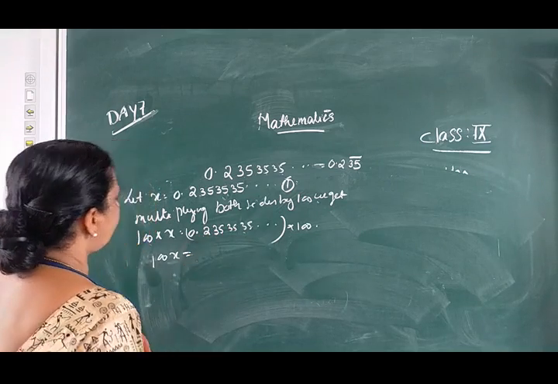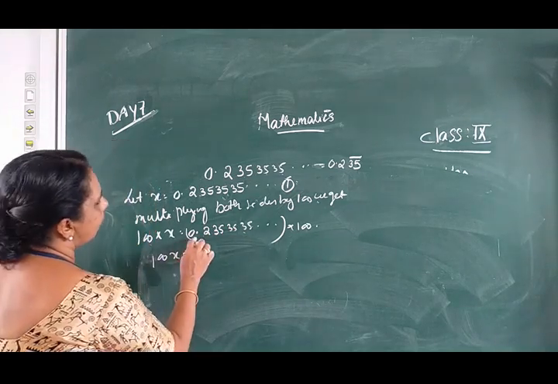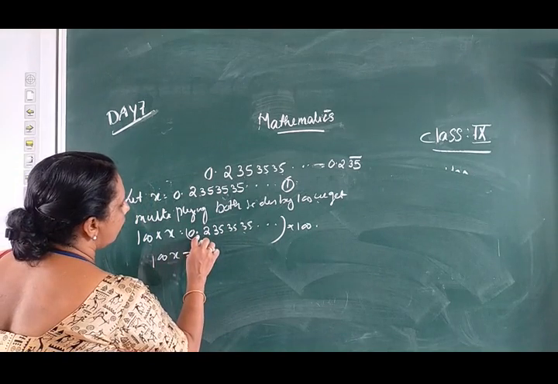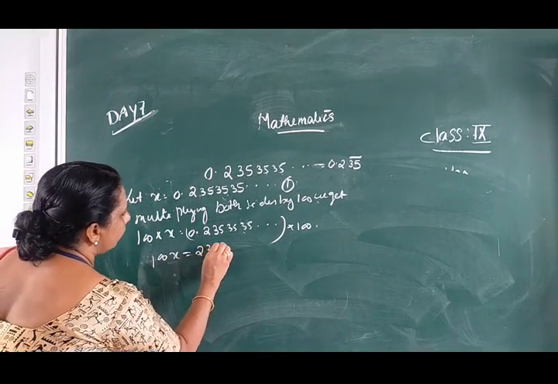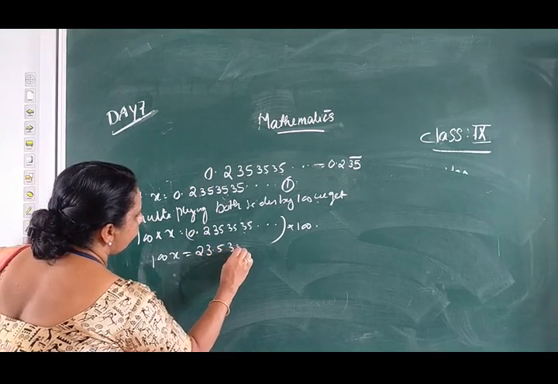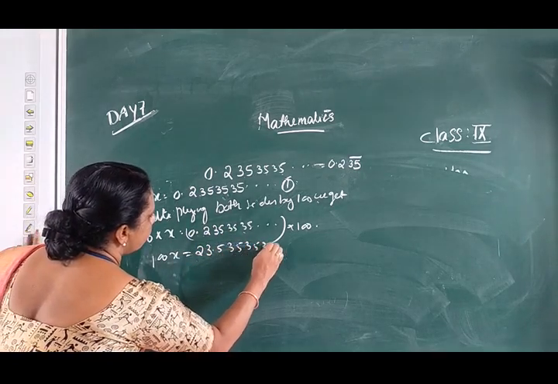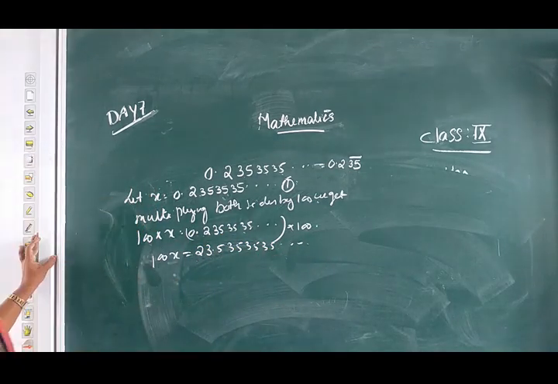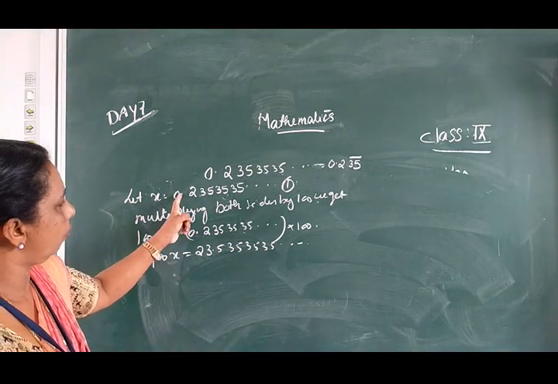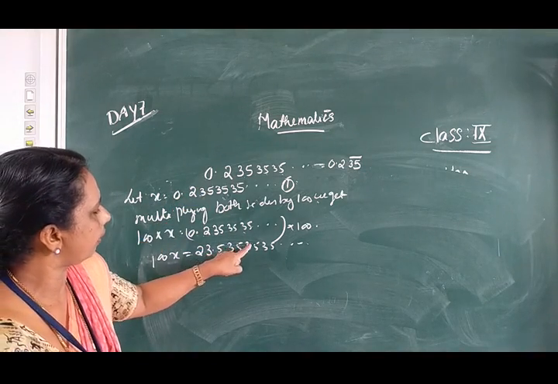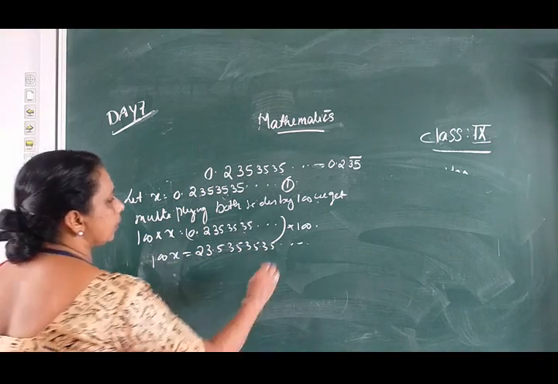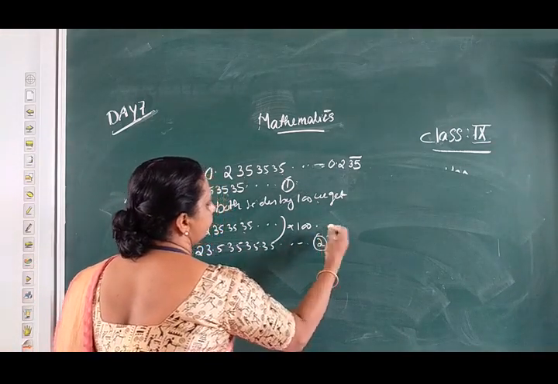The decimal moves after 2 digits, so we get 23.535 etc. This is equation number 2.